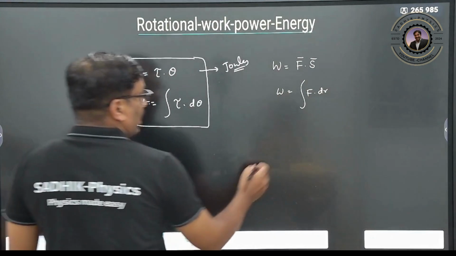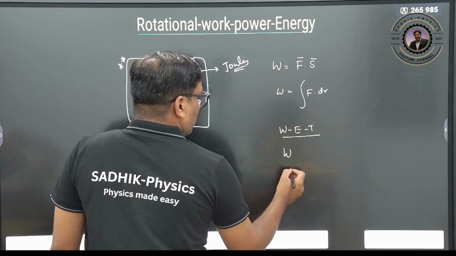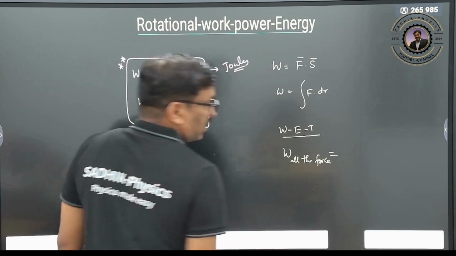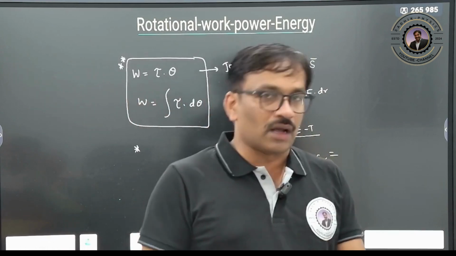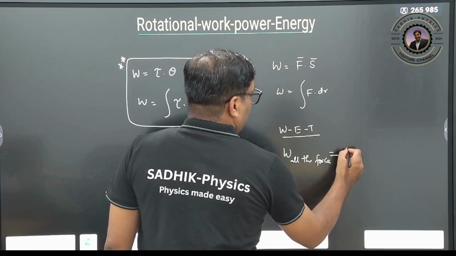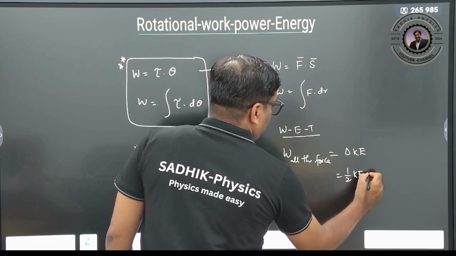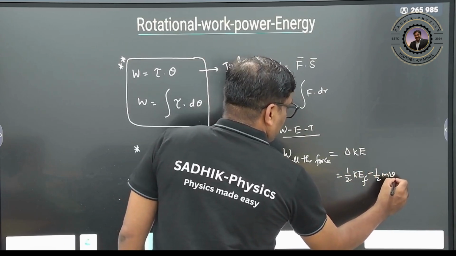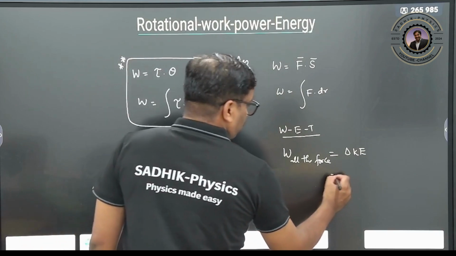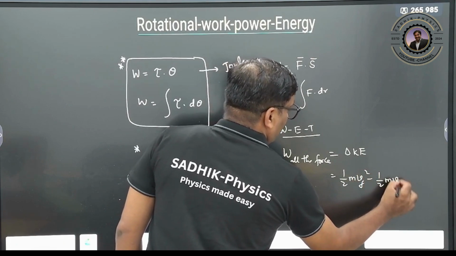We studied the work energy theorem in translatory motion. What is the work energy theorem? Work done by all the forces, conservative forces and non-conservative forces, is equal to the change in kinetic energy, that is final kinetic energy minus initial kinetic energy: half m v final square minus half m v initial square.